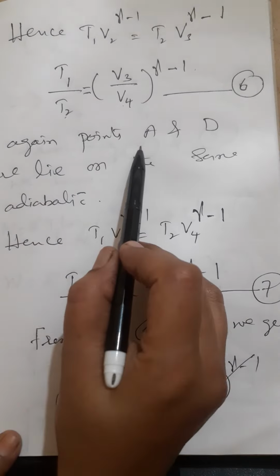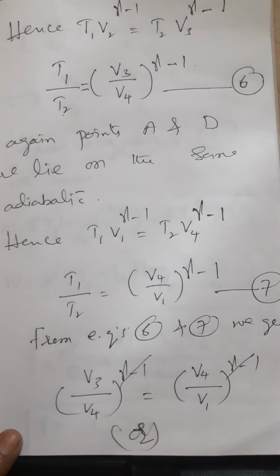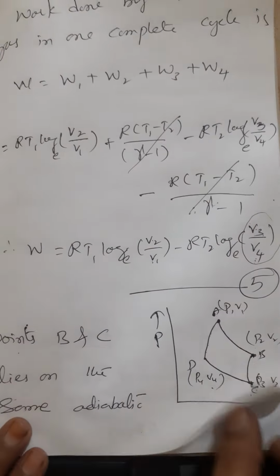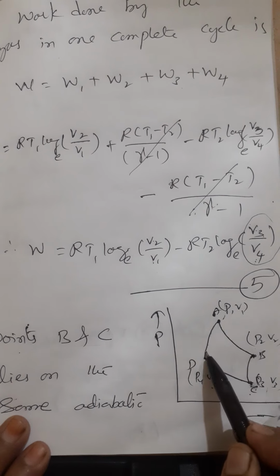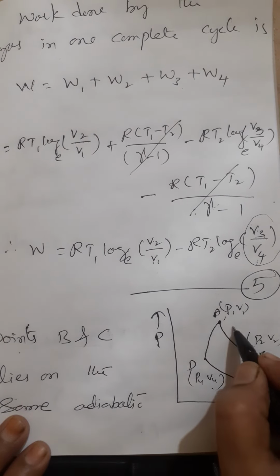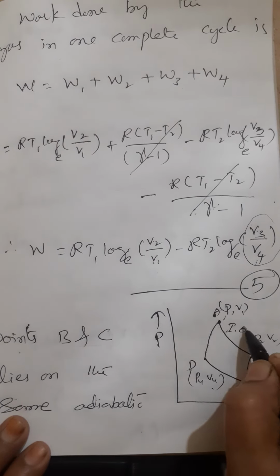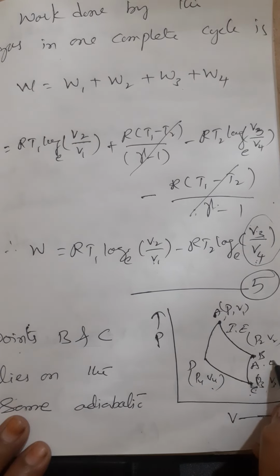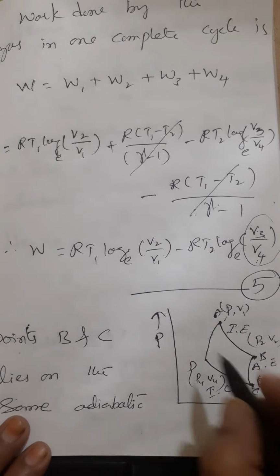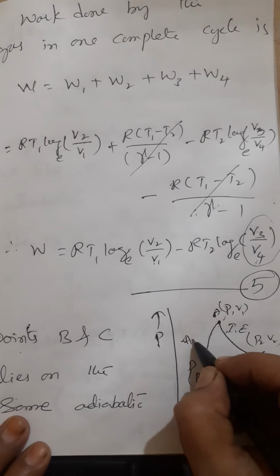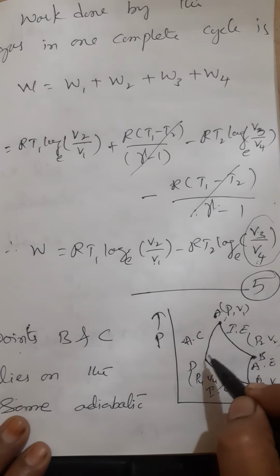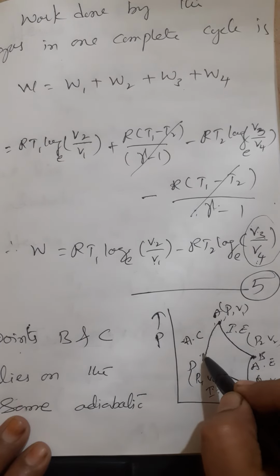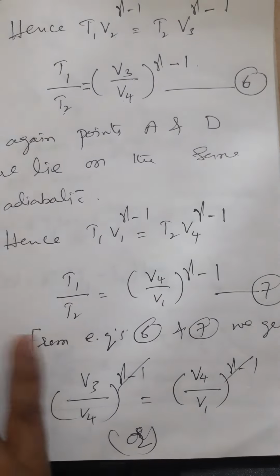Now again, points A and D also lie on the same adiabatic. This is isothermal expansion, adiabatic expansion, isothermal compression, adiabatic compression. So both A and D lie on the same adiabatic.